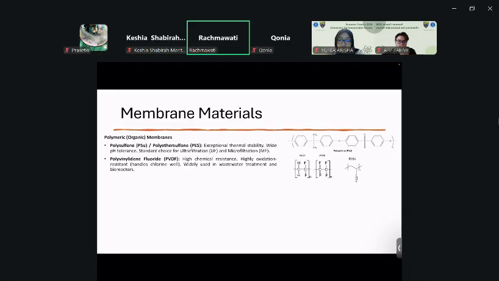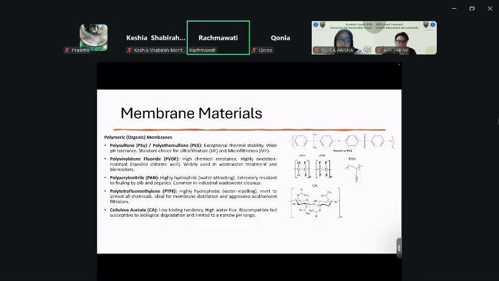The presence of the fluorine is actually what causes it to be resistant to chemicals. And we also have polyacrylonitrile or PAN, which is highly hydrophilic, attracting water, and extremely resistant to fouling by oils and organics, and it is commonly used in industrial wastewater.